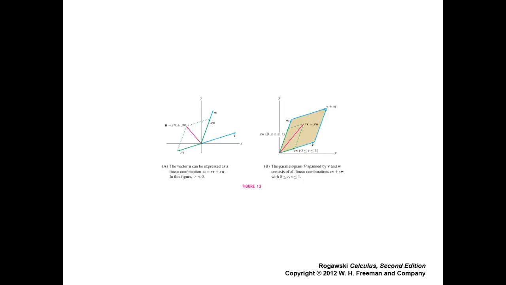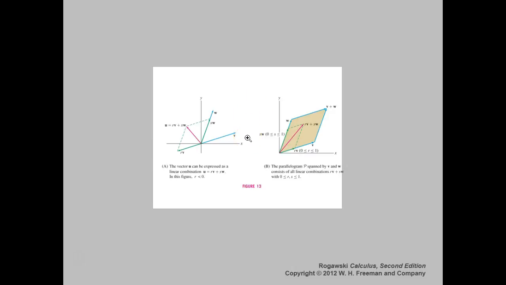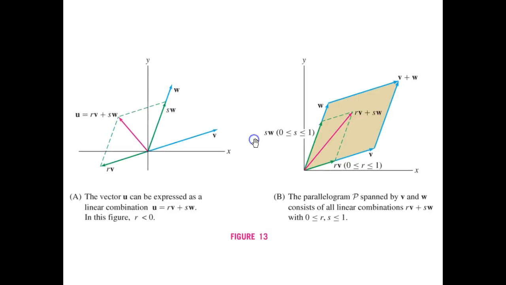Here's something else. Linear combination of two vectors, V and W. Okay? And that, I think, is what this is illustrating. I believe it is. We'll introduce that term I was talking about also. Okay.